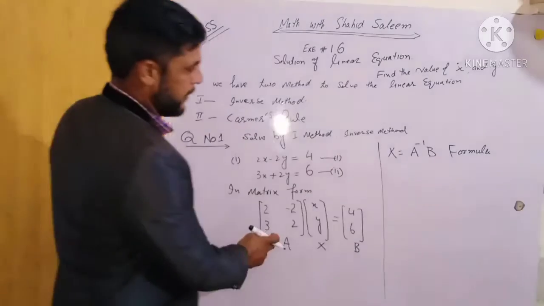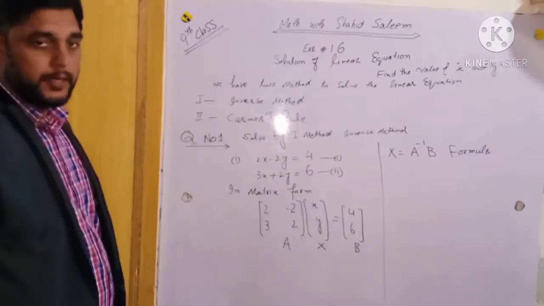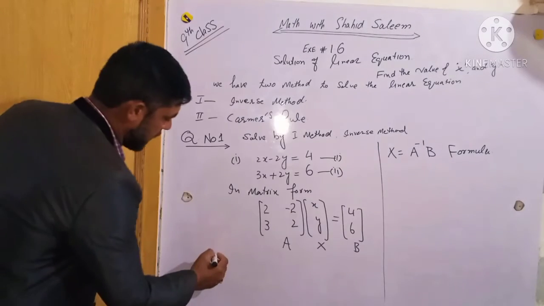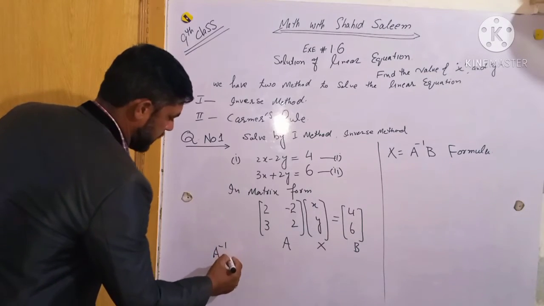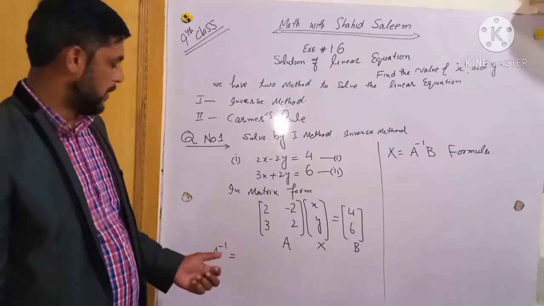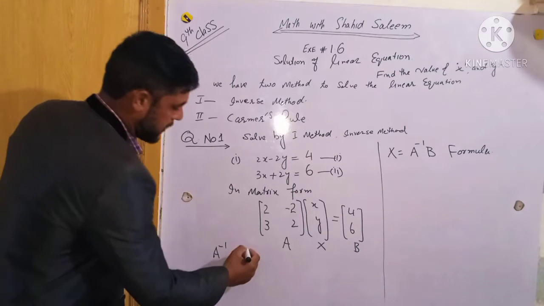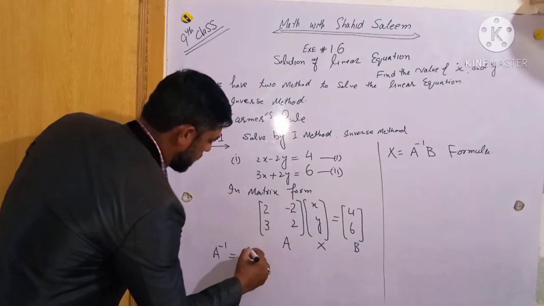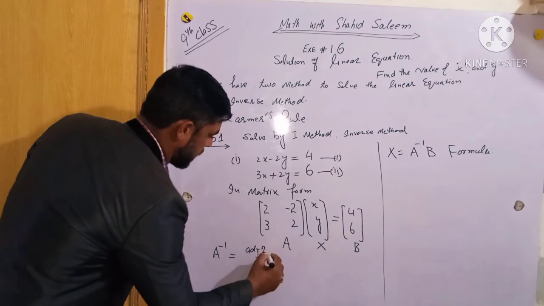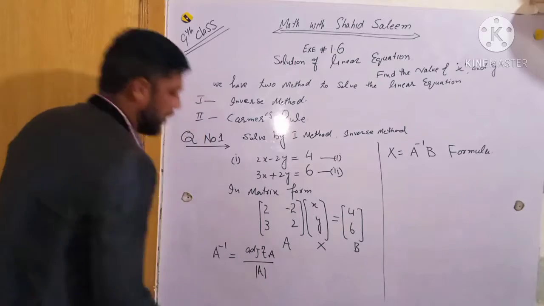Here we have A, so we need A inverse. First of all, we find the inverse of A. In the last exercise we learned about the inverse of a matrix: A inverse equals adjoint of A over the magnitude of A, or mod A.